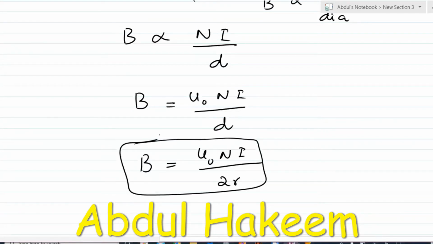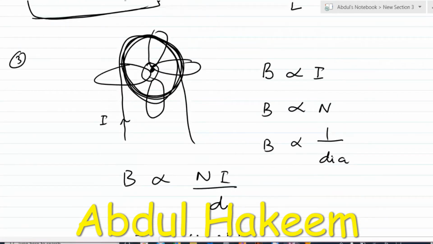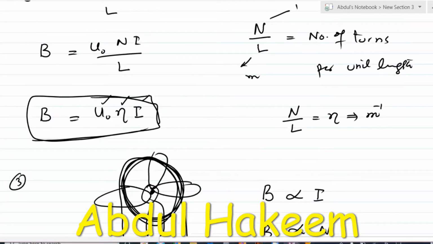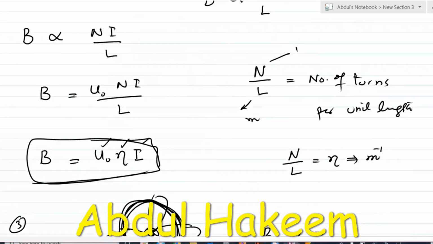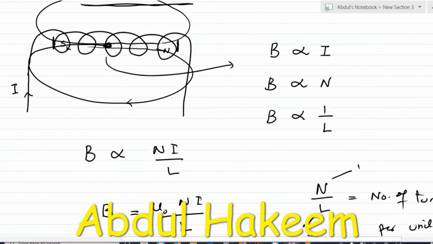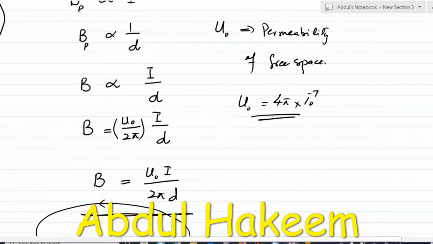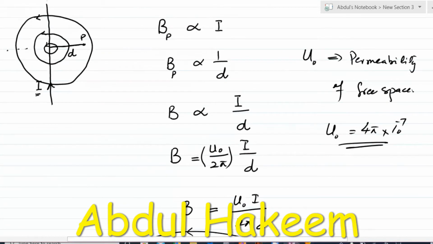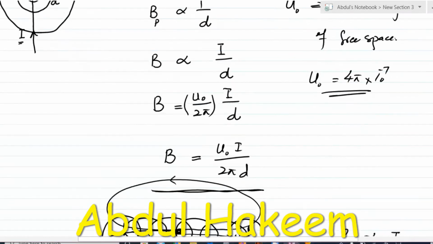So this is the formula for the B exactly at the center of the flat circular coil. And this is mu naught n I for a solenoid exactly at the center. And this first one, for the wire, at any point around the wire, B is equal to mu naught I over 2 pi d.